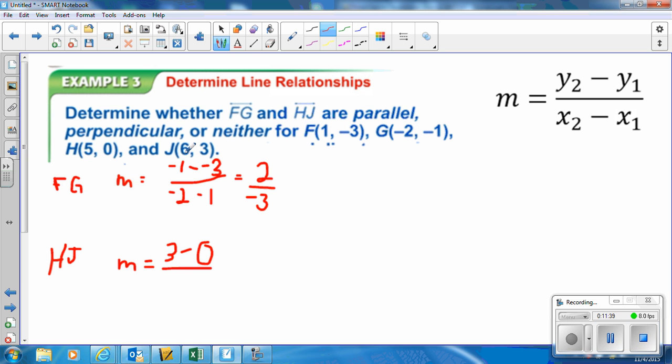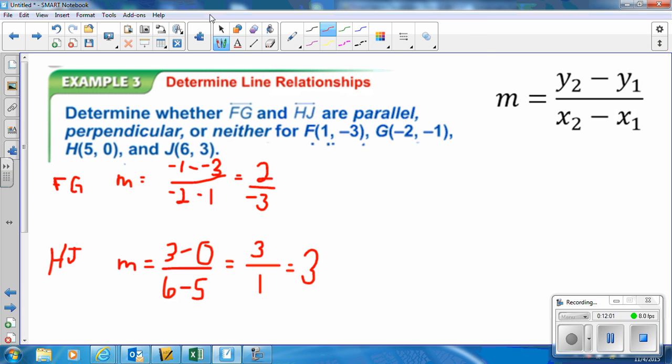Then over 6, because that's my x2, minus 5, that's my x1. 3 minus 0, of course, is 3. 6 minus 5, of course, is 1. 3 over 1, that's the same as just 3.